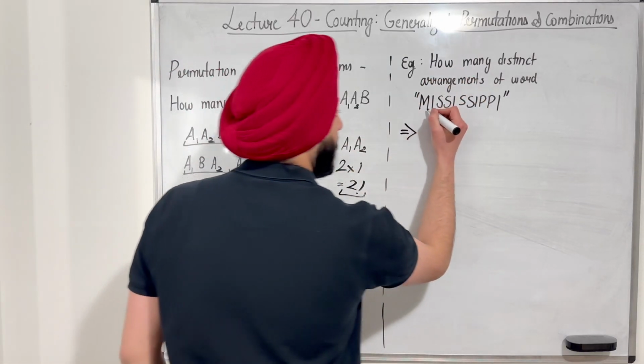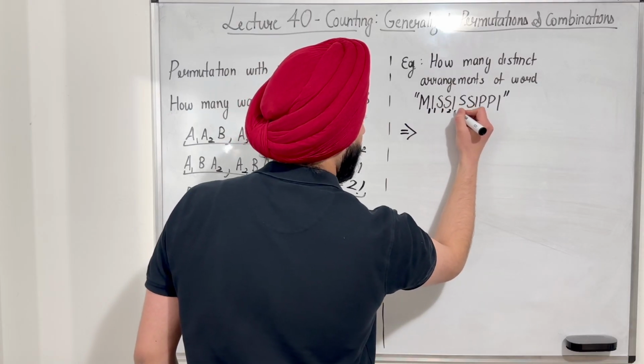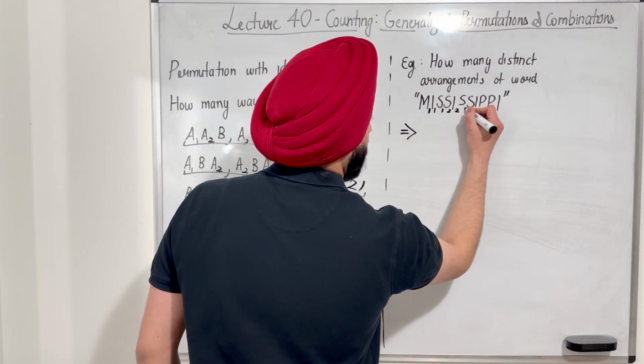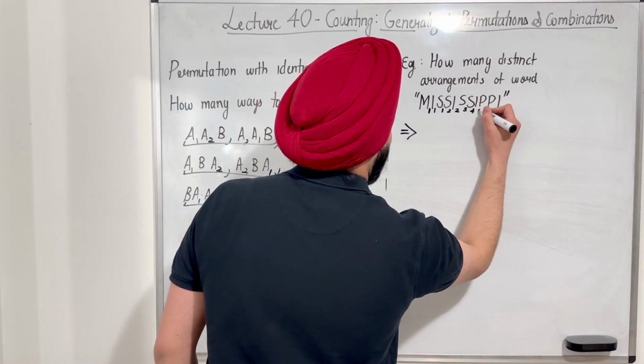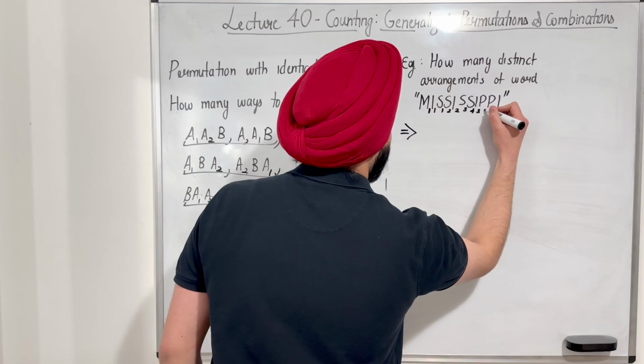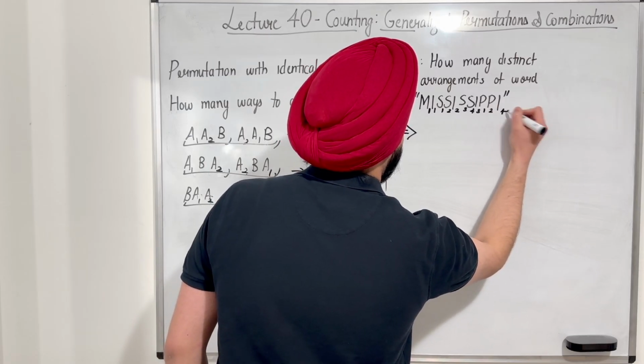So I'm going to label this as M1, I1, S1, S2, I2, S3, S4, I3, P1, P2, and then I4.